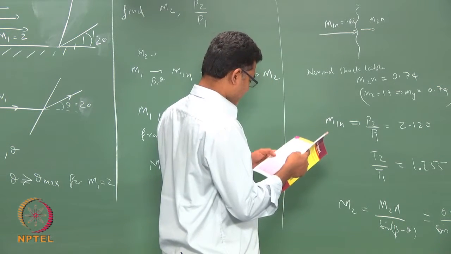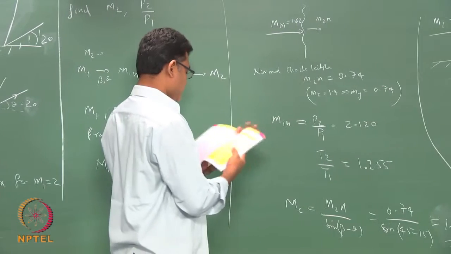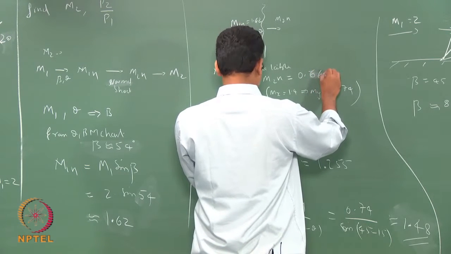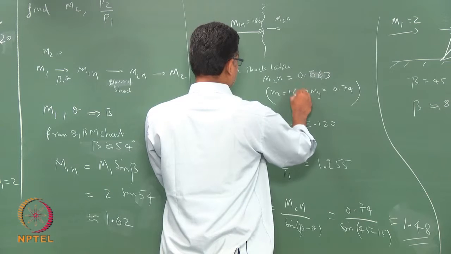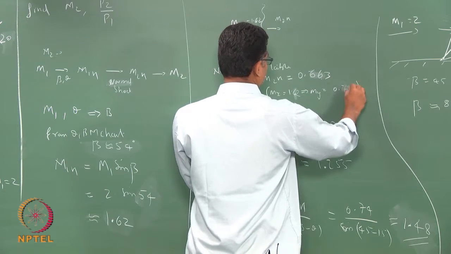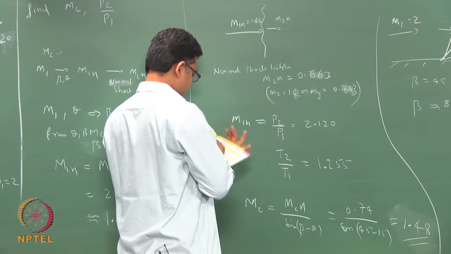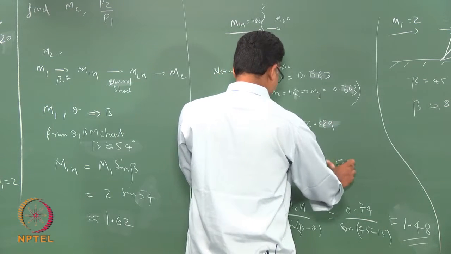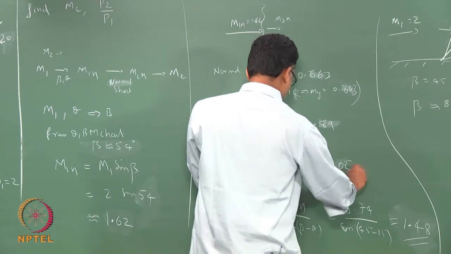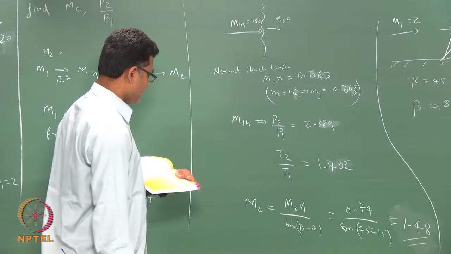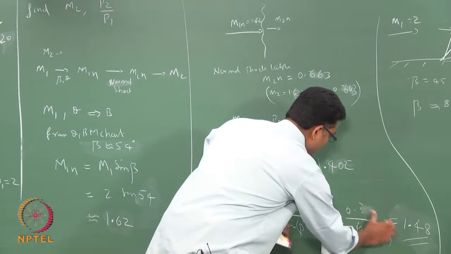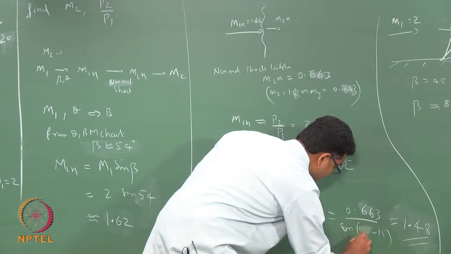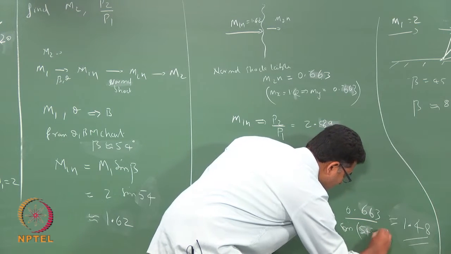From the shock tables, again from 1.62, I will get M2n as 0.663, which also gives me a pressure ratio of 2.8 and the temperature ratio of 1.402, which gives me an M2 of 0.662 and the angle is now, instead of 45 degrees, it is 54 degrees minus 20 degrees.